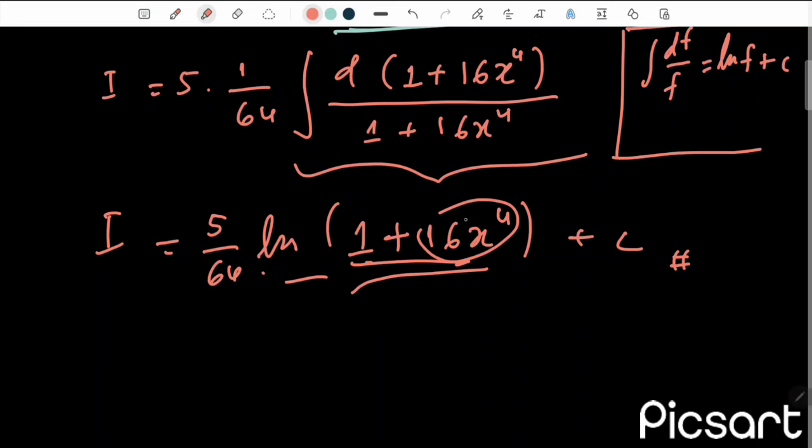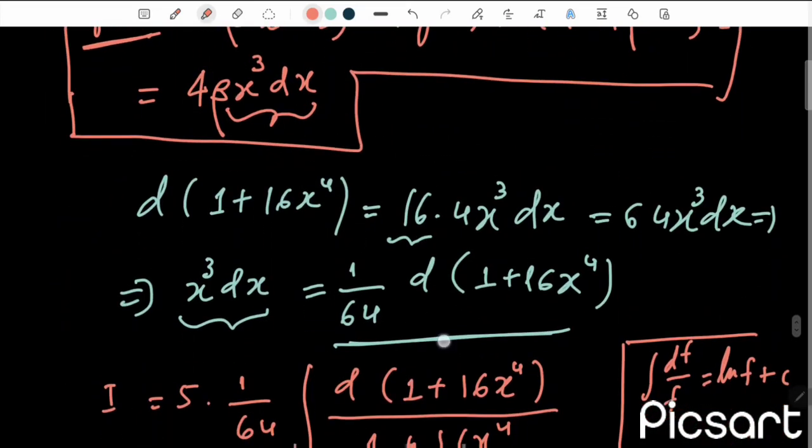We simplify 64 by 64, and we get the solution as in the original problem. Okay, this is exercise E.